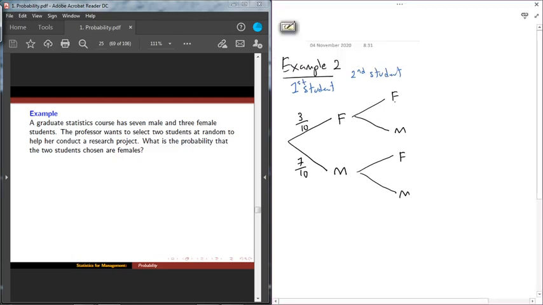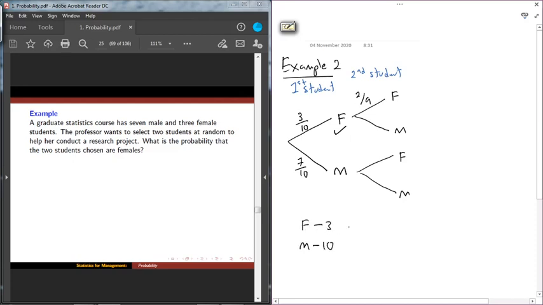The probability of choosing a second female student would be 2 over 9 here, because you have chosen one student in the first. Let me explain to you slowly. Female how much? 3.